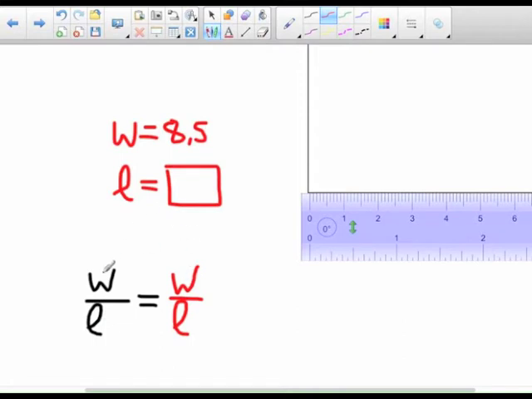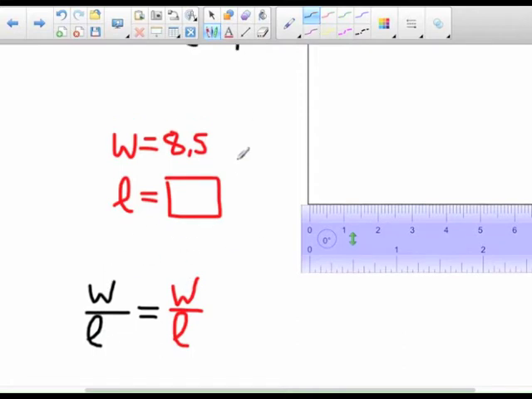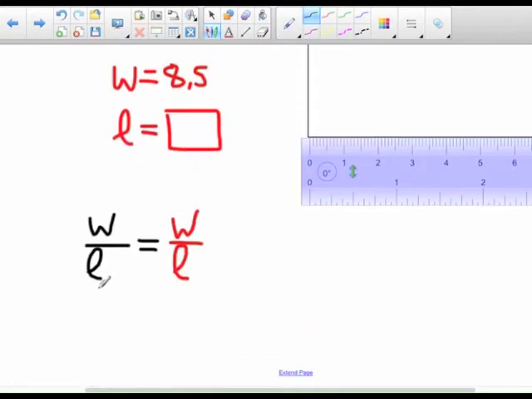So this proportion is true. Now let's plug in the numbers we have. Width was 3 of the original. We're dividing that by the length of the original, which was 4. This is going to be equal to 8.5 divided by the length. All right, now let's solve this proportion.